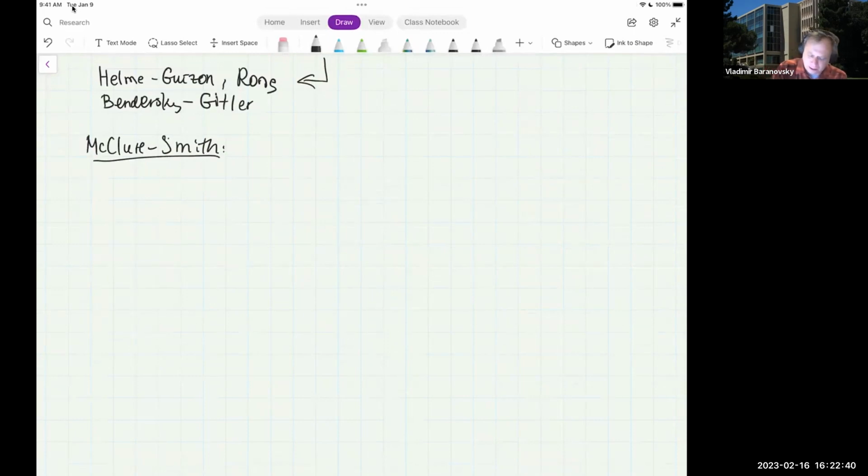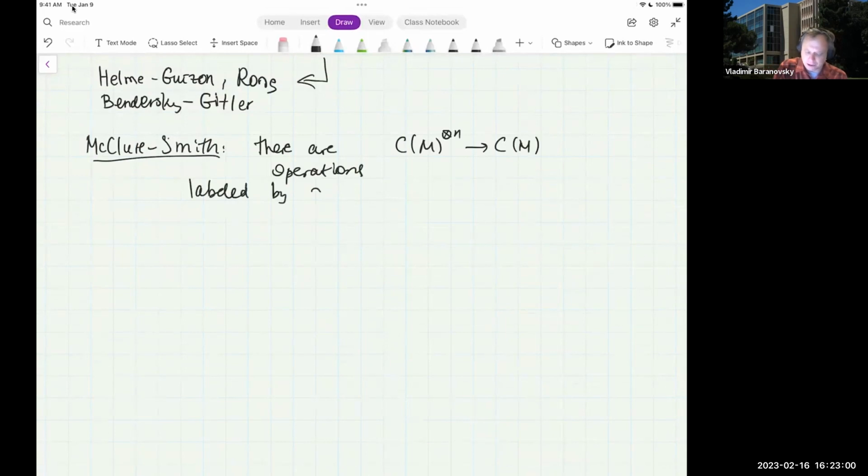What they discovered is that there are operations with n inputs and a single output, labeled by surjections pi from a finite set of numbers between 1 and n plus d, landing onto the set 1 through n.